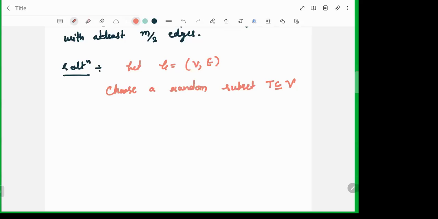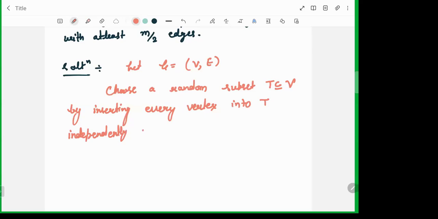Like every vertex can either be in T or it may not be in T. Basically, the choosing of the subset is very random.